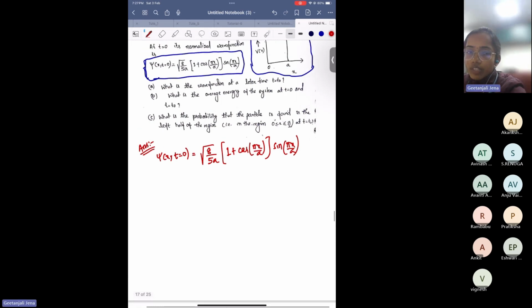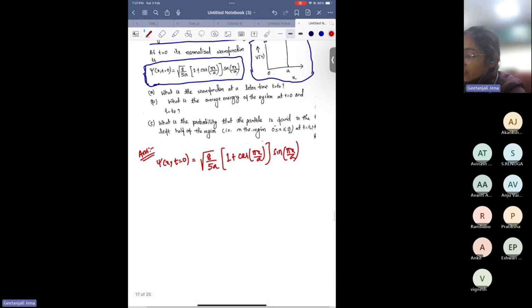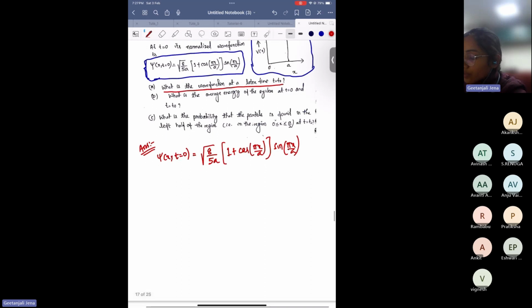So now let's look at what it is asking. What is the wave function at a later time, given t equal to 0? For that, you have to apply the time evolution operator. I have told you earlier that the time evolution operator is expressed in this form acting on psi of x, 0.